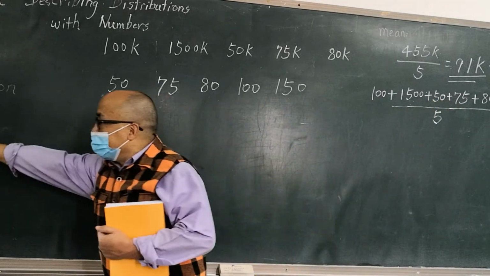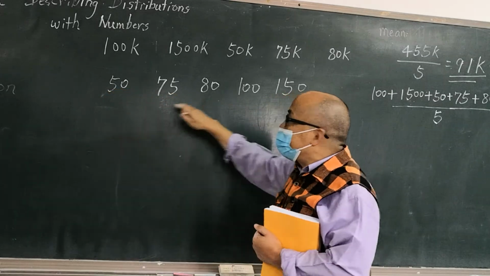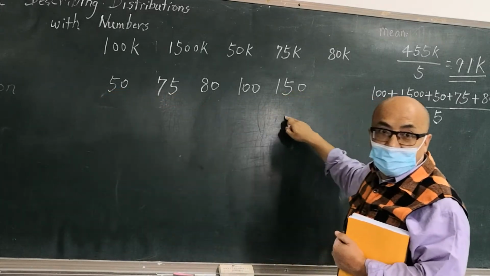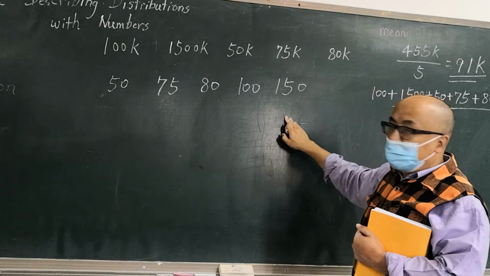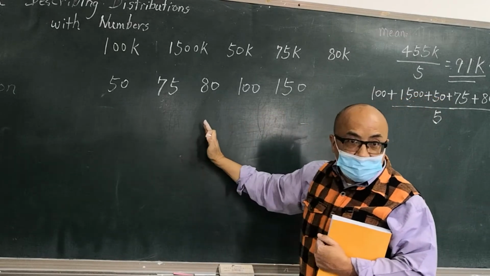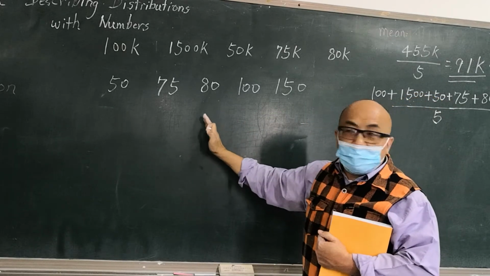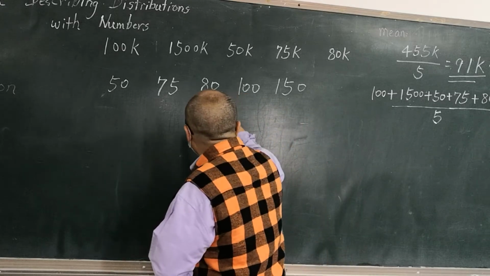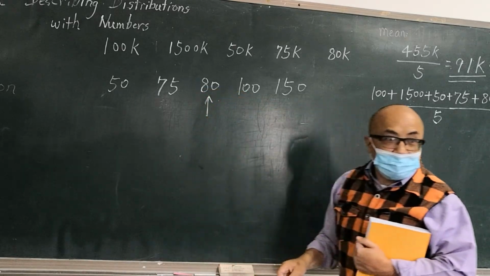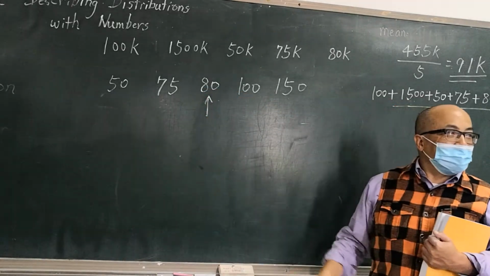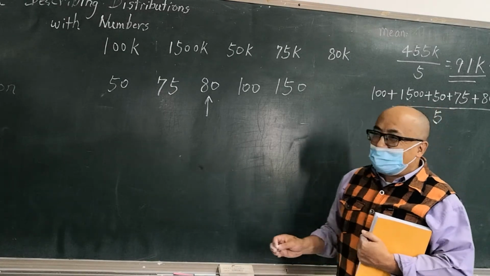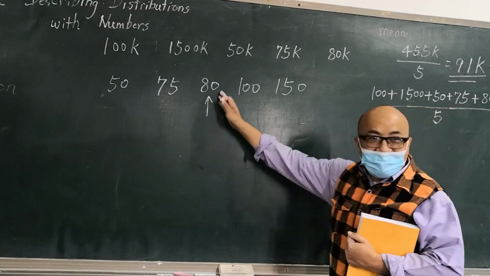So the median is you sort, and we find the middle number. Where is the middle number? Don't look at my arrow. 80.